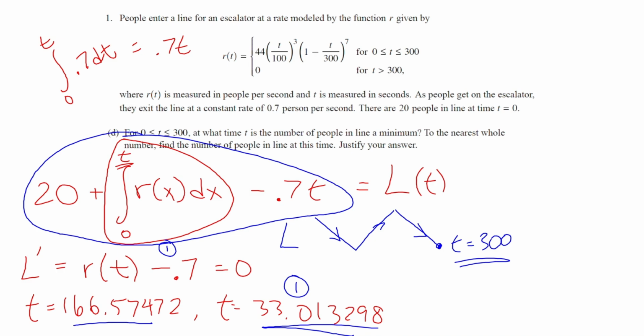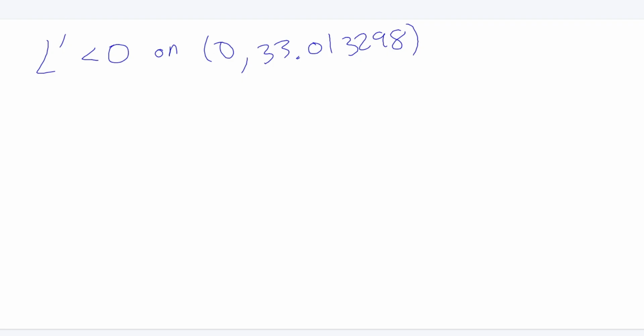So what I'm going to do is I'm going to say that L prime is less than 0 on 0 to 33.013298. So L is decreasing.